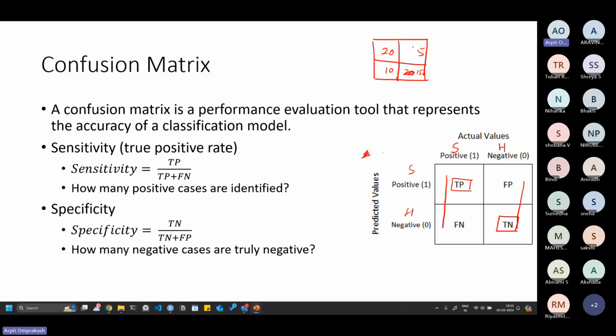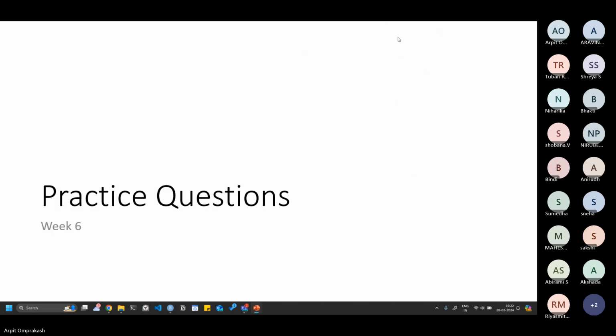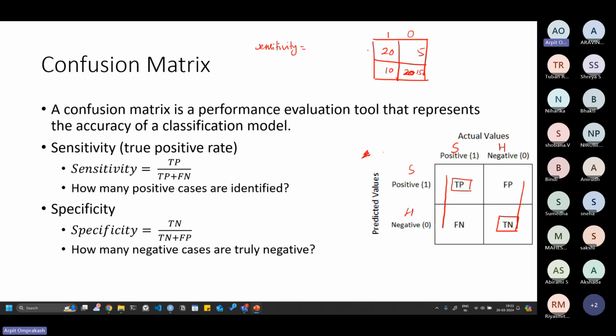You're given these values and you're asked what is the sensitivity of the model. So let's say this is 1 positive, basically 1 0 1 0 as the layout here. These are the actual values, these are the model values. Sensitivity is given as true positive by true positive plus false negative. So we have true positives here, and we have false negatives here.